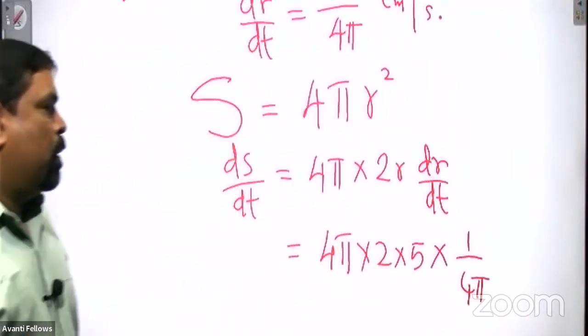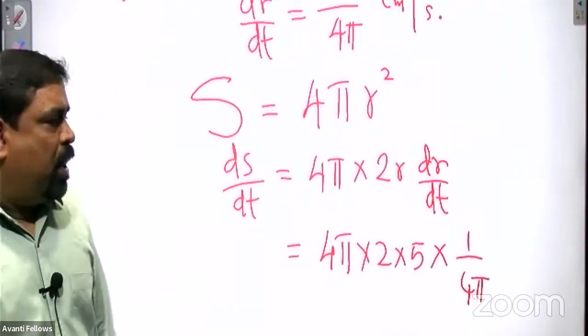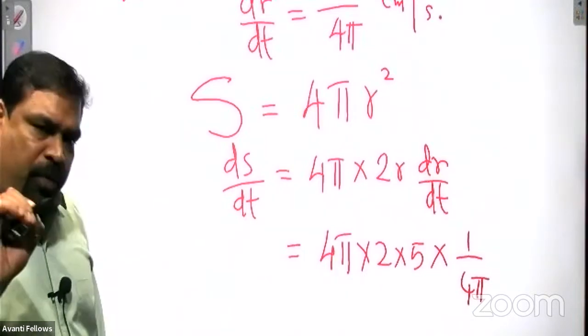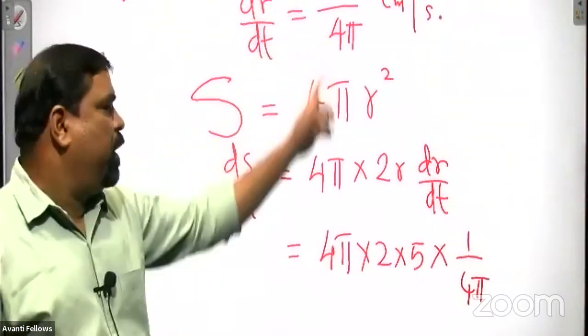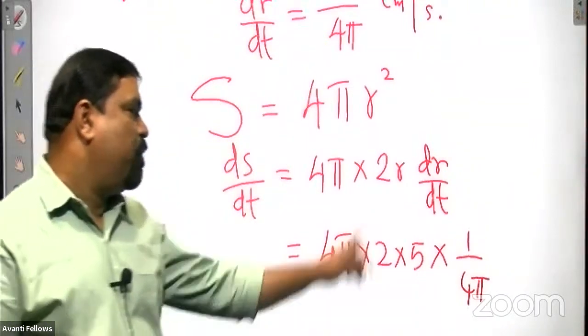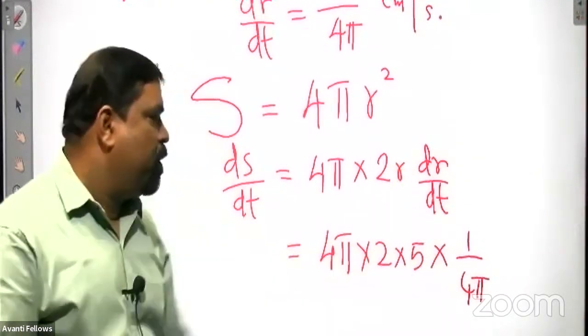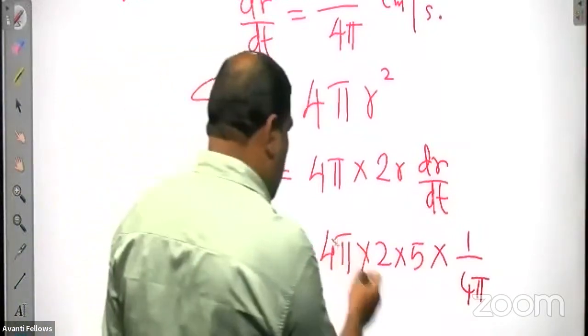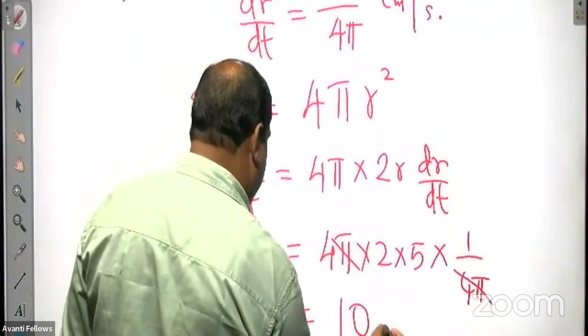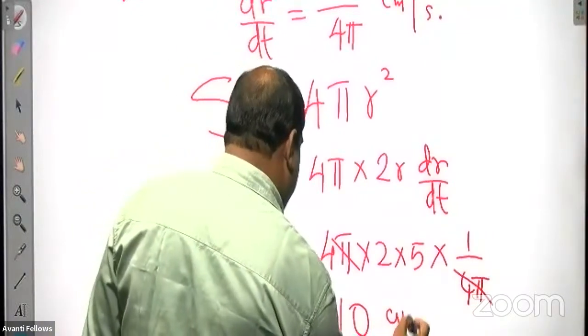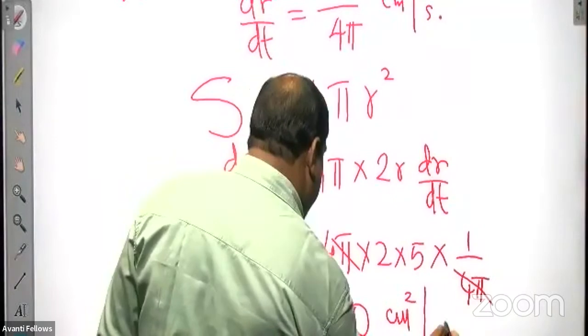We have to find dS by dt at the instant when r is equal to 5. If you calculate, 4 pi cancels. Sorry, the answer is 10 centimeter square per second.